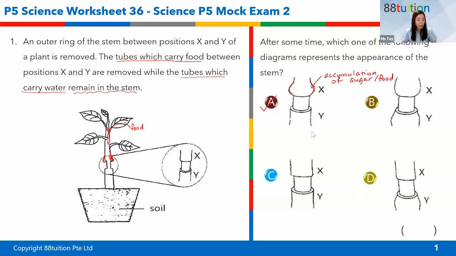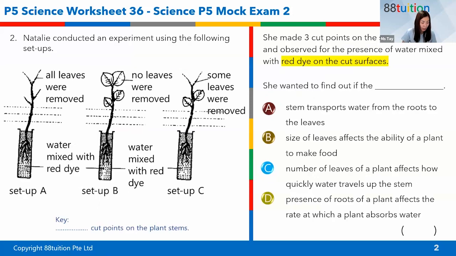Question 2, Natalie conducted an experiment using the following setups. Setup A, setup B, setup C. You can see that you have a key here. Key is like certain info you need to take note of for the diagrams. In this diagram, the dotted line represents the cut points on the plant stem.